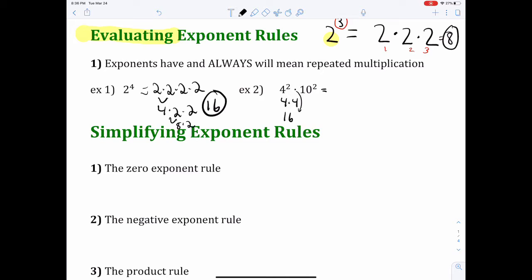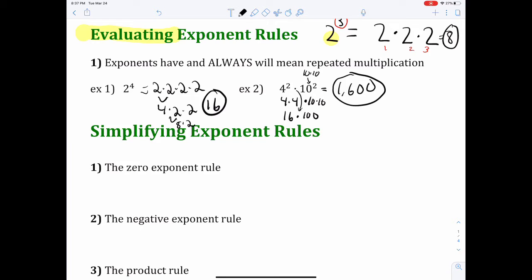Bring down this multiplication symbol, so times whatever 10 times 10 is, because that's what that means, 10 times 10. And 10 times 10 is 100. So 16 times 100 to get your final step. Doing order of operations, you should get 1,600. And that's how you evaluate exponents.